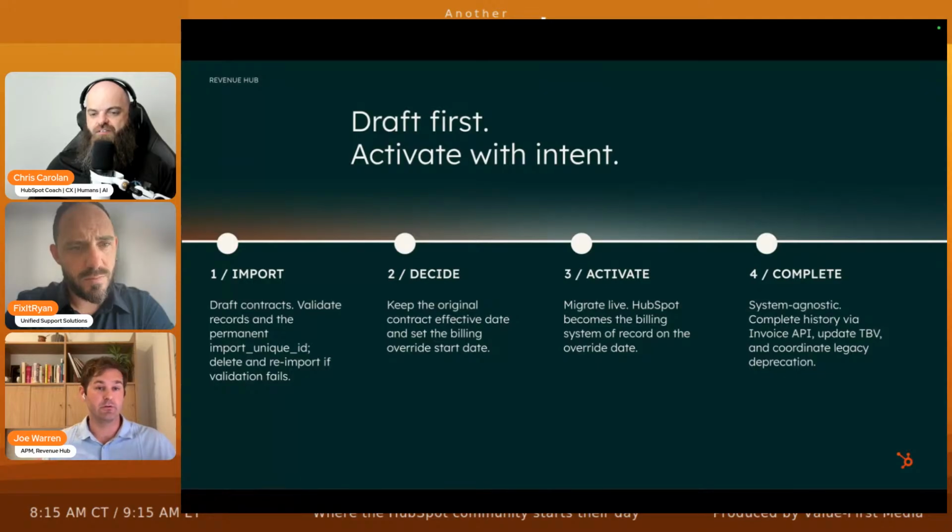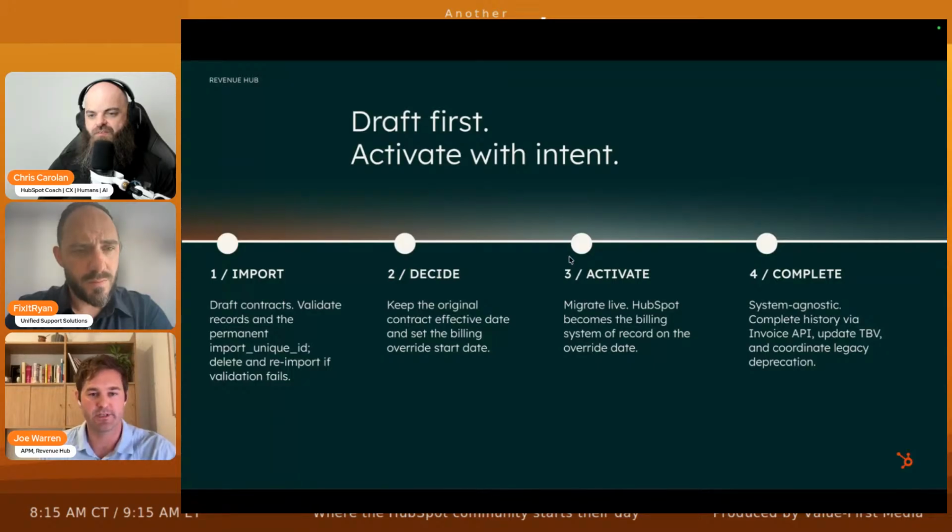But you can also use the contract imports tool to migrate billing. Ultimately, if you go that path, you would import, and once it's imported, the contract will be in a draft state. So it's not like you import a contract and suddenly it starts charging your customers. You have this step to review the draft and make sure this looks good and tracks with what we were doing in the legacy system.